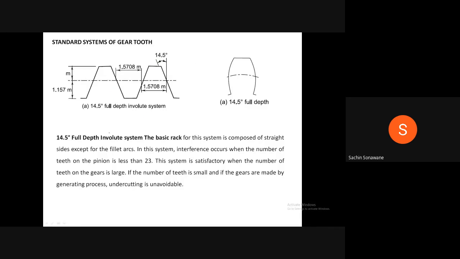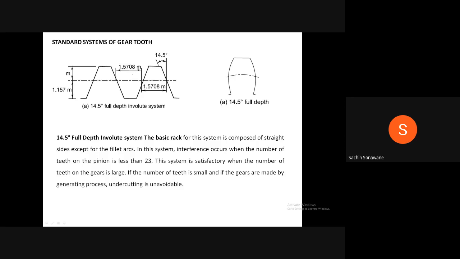Therefore, if you observe these dimensions, this horizontal line exactly at the center is known as pitch line of the rack gear. From pitch line to the top of the teeth, it is known as addendum. Addendum is equal to one module. Pitch line to the bottom of the teeth, this distance is known as dedendum. Dedendum is 1.157 times module.